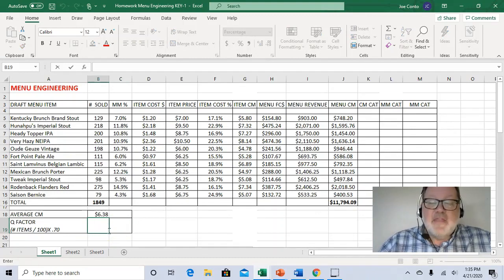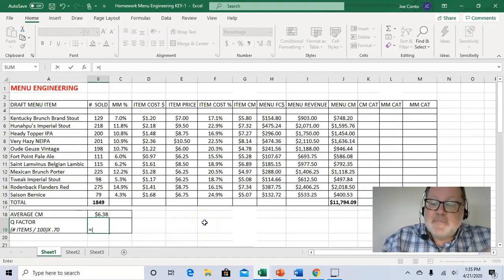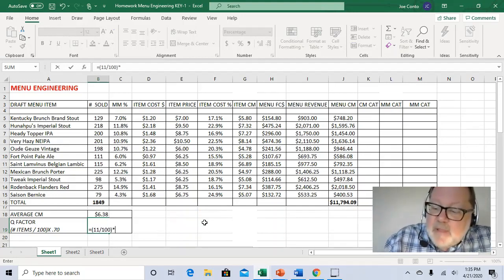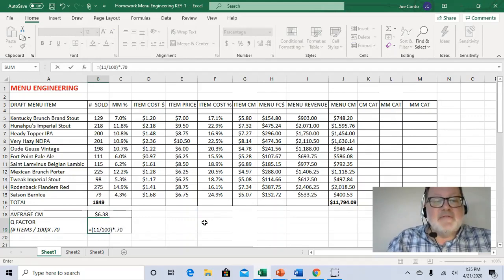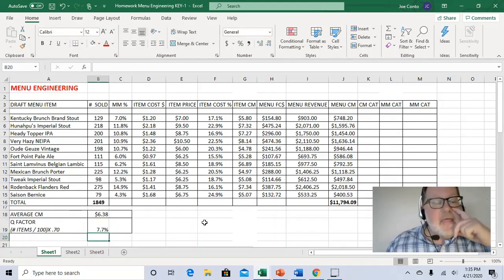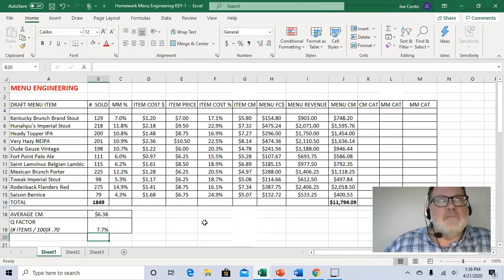So in this case, my Q factor for this, how many items are on my menu? 1, 2, 3, 4, 5, 6, 7, 8, 9, 10, 11. So I'm taking, let me do my equals and my parentheses, 11 divided by 100, and then I'm multiplying that times 0.70 or 70%. And that's telling me that the average popularity of something, or, I shouldn't say the average, but we'll call it average.